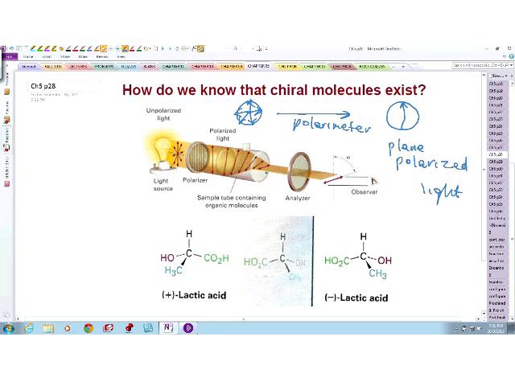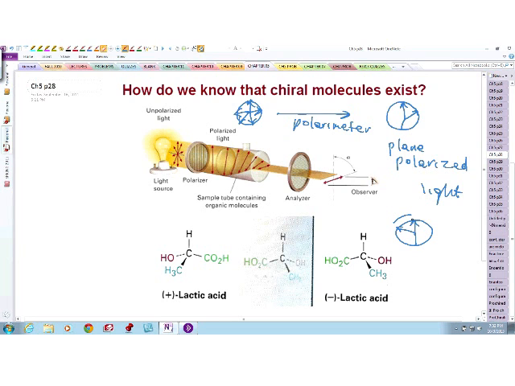Now if you take plane polarized light and pass it through a sample that contains an enantiomer, what happens? The molecule will move this light either in this direction, to the right, or it could move to the left.